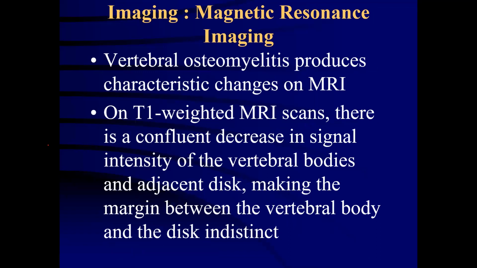Vertebral osteomyelitis produces characteristic changes on MRI. On T1 weighted MRI scans, there is a confluent decrease in signal intensity of the vertebral bodies and adjacent disc, making the margin between vertebral body and disc indistinct.